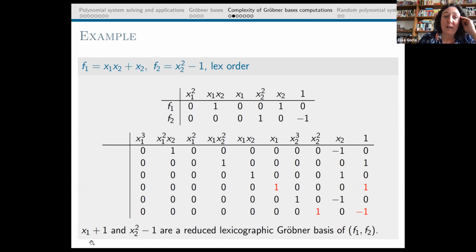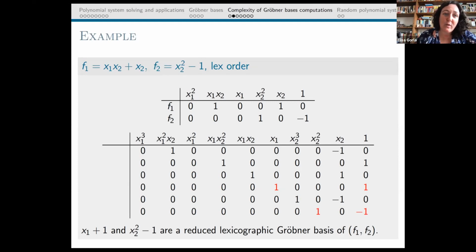But in general, in practice, what we do is, well, I don't know if it's what we do in practice, but what works for the complexity is to say, and now I will give an estimate of an upper bound on the degree that I have to compute, and I compute until that degree, and then I know that I have a Groebner basis.